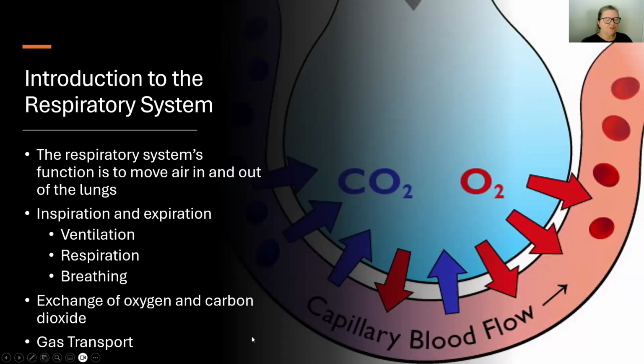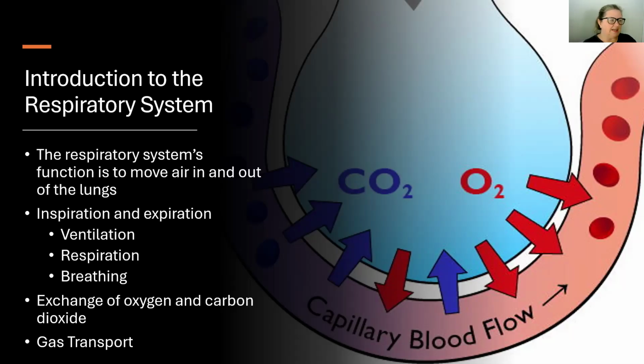As far as introduction goes, the respiratory system's function is basically just to move air in and out of the lungs. Now it's not quite as simple as that because there's reasons for this that we'll get into. But this movement includes what we call inspiration and expiration, or inhalation, exhalation, same difference.